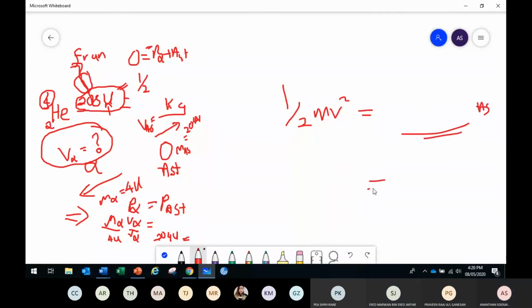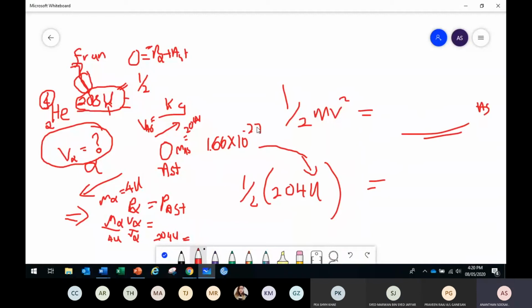For the mass you put 204U, with U as its own value, 1.6 times 10 to the power of negative 27 kg. It's a constant, you don't need to remember it, it's given in your exam. Then you can find the velocity of the astatine, and put it into the momentum equation to find the speed of alpha.